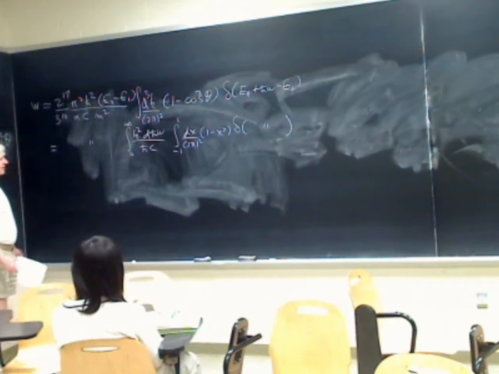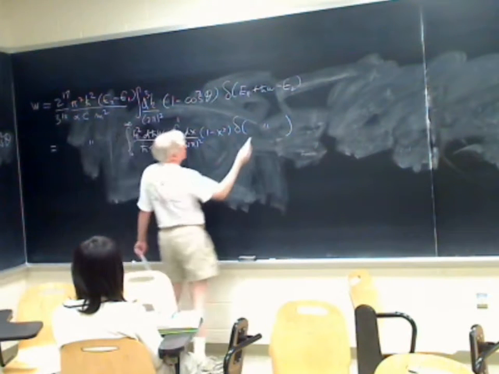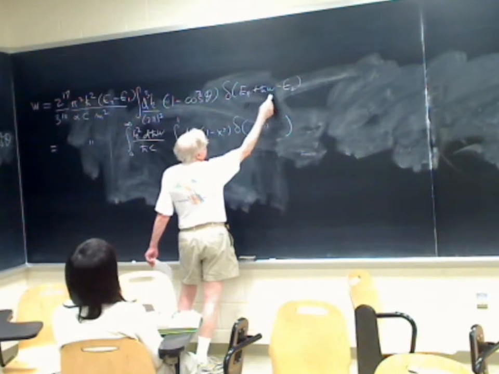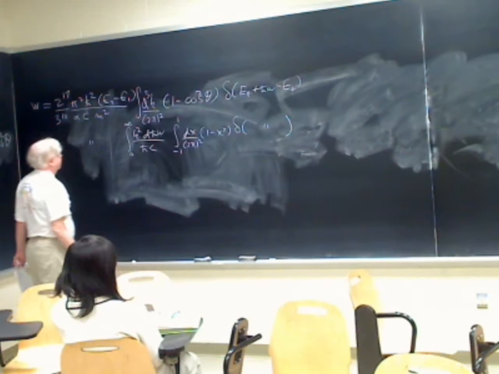So that's our expression. Now, since we're integrating d h bar omega, this just says that h bar omega is E2 minus E1.